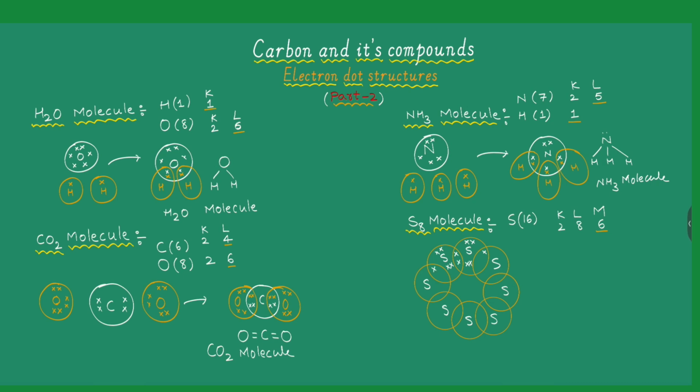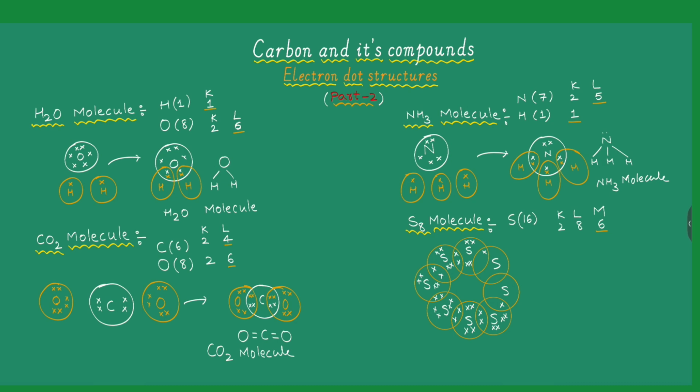For the third sulfur, we follow the same, 6 valence electrons. Again the same, and the same again.